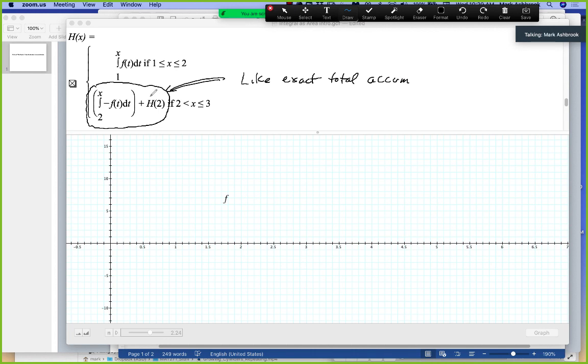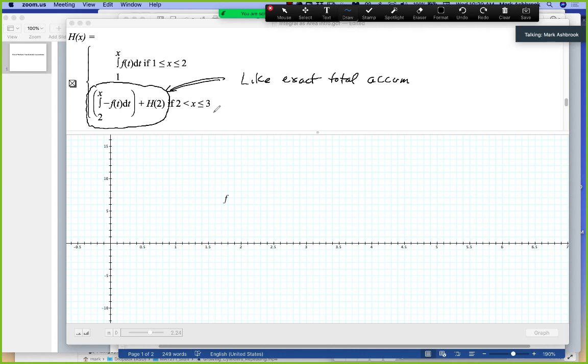All the area that we accumulated from 1 to 2, so all the previously accumulated area, plus the accumulated amount starting at 2 up till x. And so that'll give me all the accumulated area starting from 1 up until x when we're in this interval here. Okay, does that make sense?